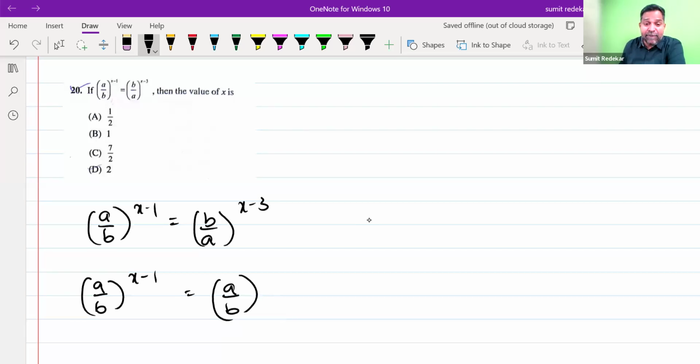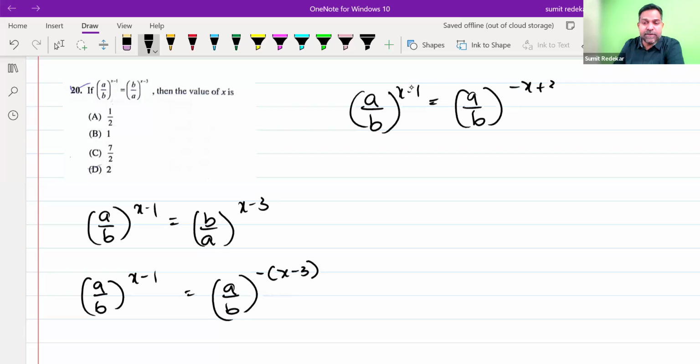And if b by a is written as a by b, then the power will be minus of x minus 3. So in the next step, (a by b) raised to x minus 1 is (a by b) raised to minus x plus 3.